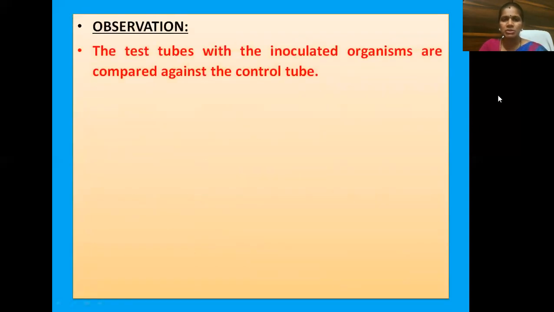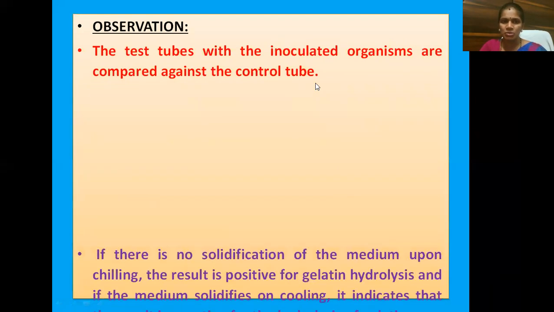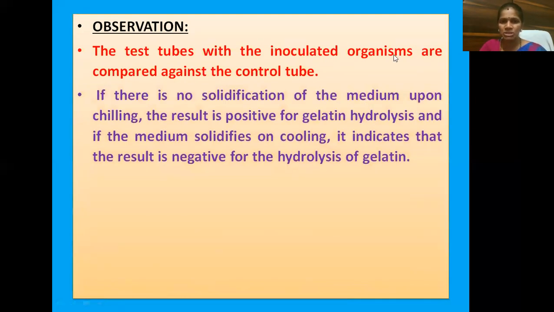Now, what you need to observe with this test tube? The test tubes with the inoculated organisms are compared against the control tube. If there is no solidification of the medium upon chilling, the result is positive for gelatin hydrolysis.